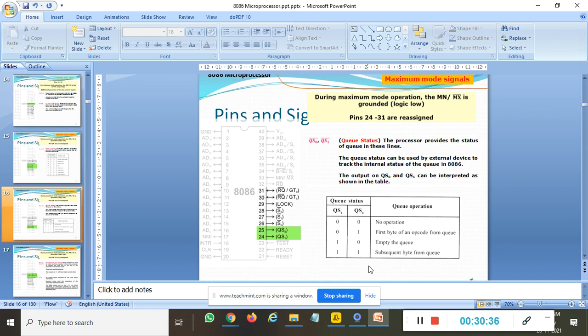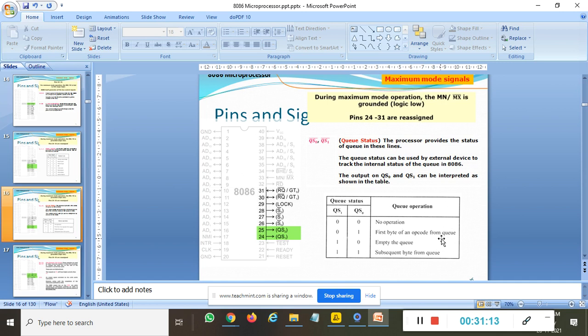When both values are 0, there will be no operation in the Q. No Q operation is done or processed. When the value of QS1 is 0 and QS0 is 1, then in the Q operation the first byte of the opcode from the Q is fetched.